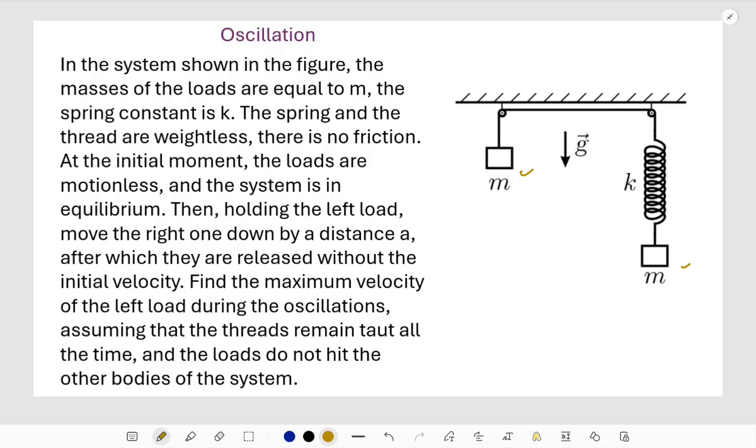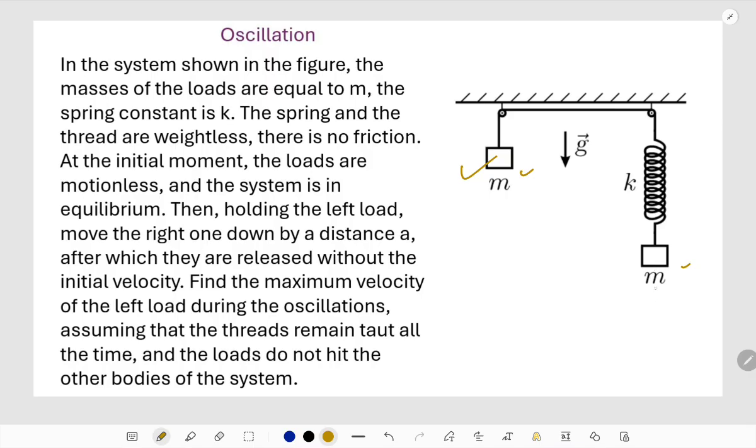And after its initial downward displacement, you can think about the right load, and you can say that after its initial downward displacement by a distance of a by 2, it has traveled the distance a by 2 only, and the other a by 2 was awarded to the left block, though it was kept held.